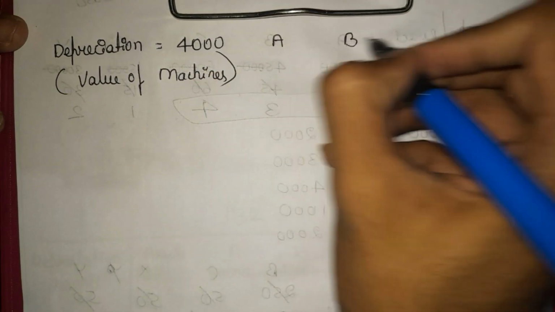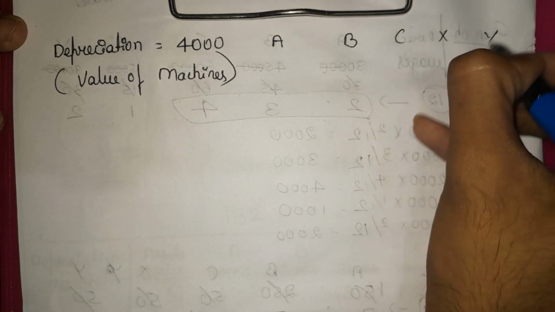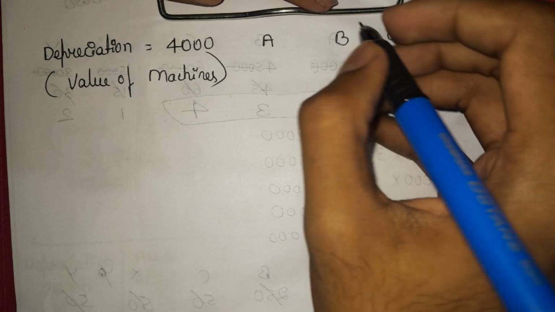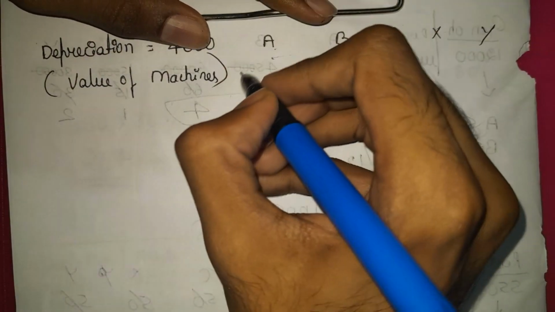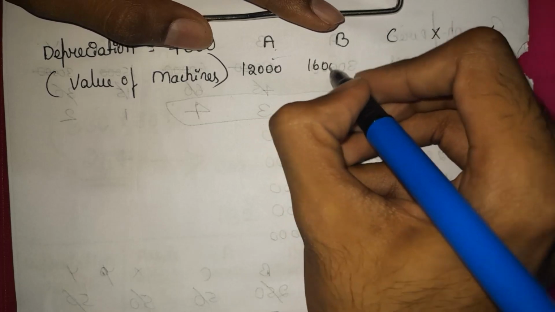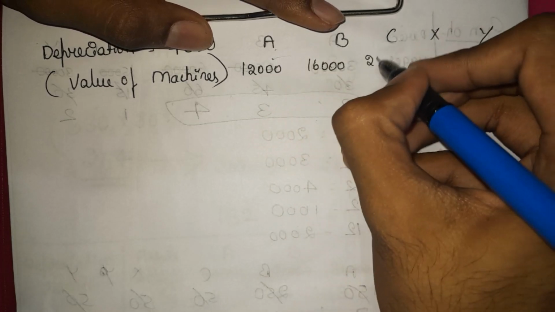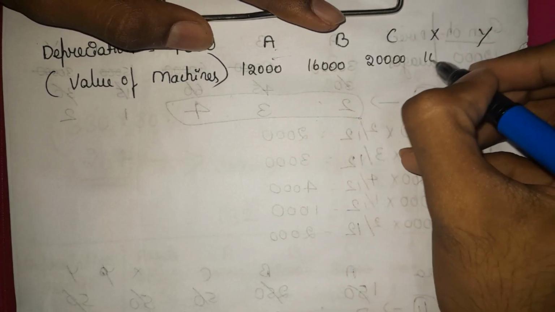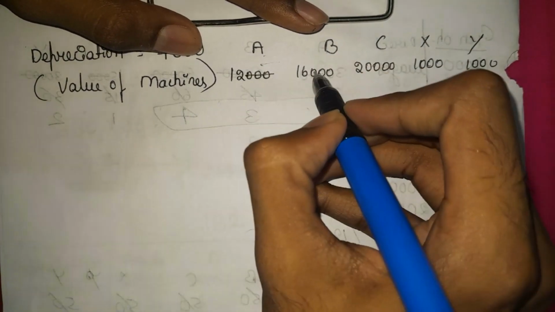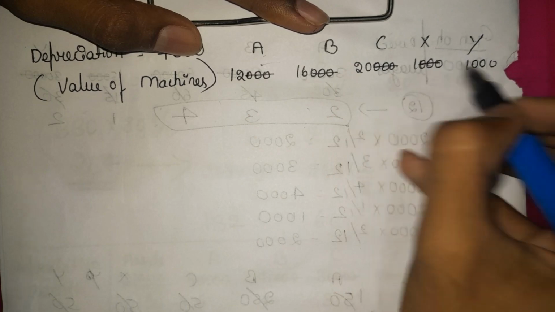We have A department, B department, C department, X department and Y department. In A department the value of machinery is 12,000 and in B department it is 16,000. In C department the value of machinery is 20,000. In X department it is 1,000 and Y department it is 1,000. Now we can easily cancel 3 zeros.